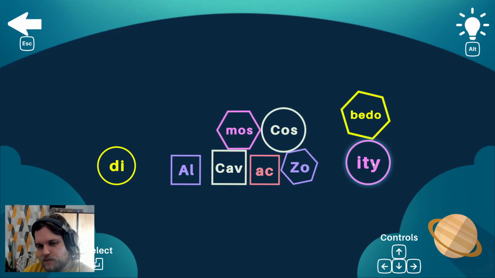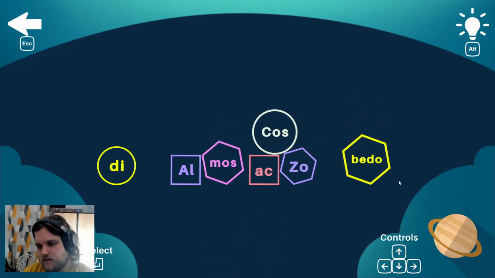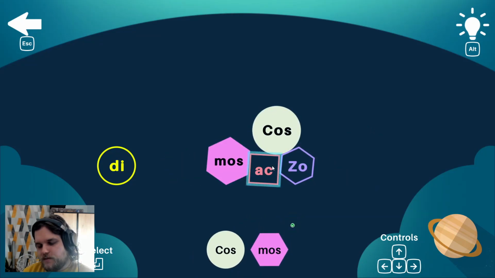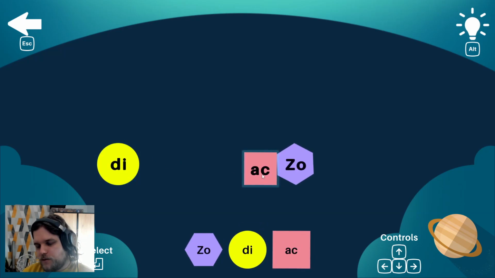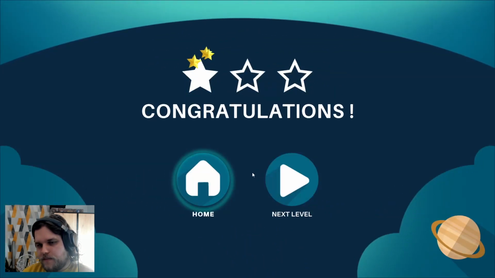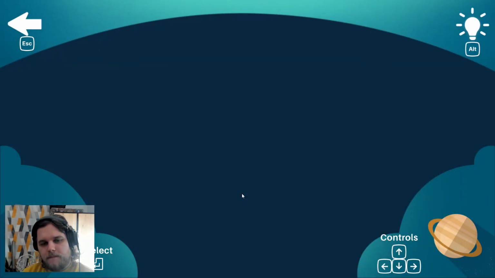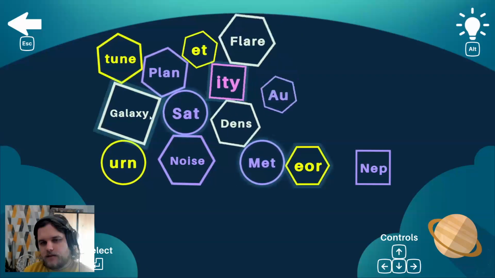Gravity, looks like gravity with this one. Probably not. The beginning. Cavity. Okay. Albedo. Cosmos. A fitting word for the cosmos category or space related category. And the zodiac signs. Galaxy.